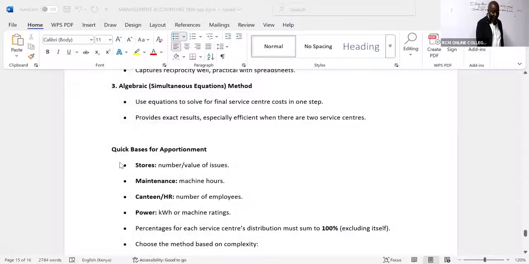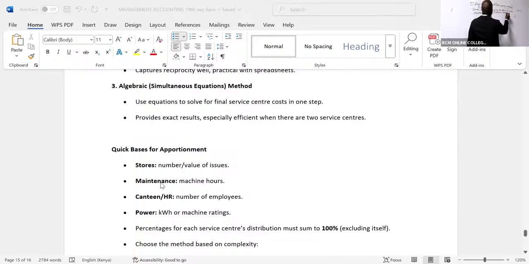Number two, maintenance department. What are these guys maintaining? They're maintaining machines. For that matter, for maintenance department overhead cost, we shall be using machine hours.